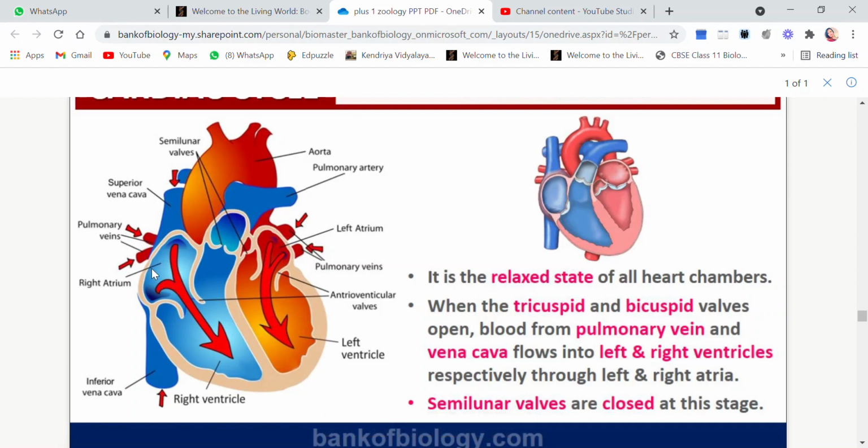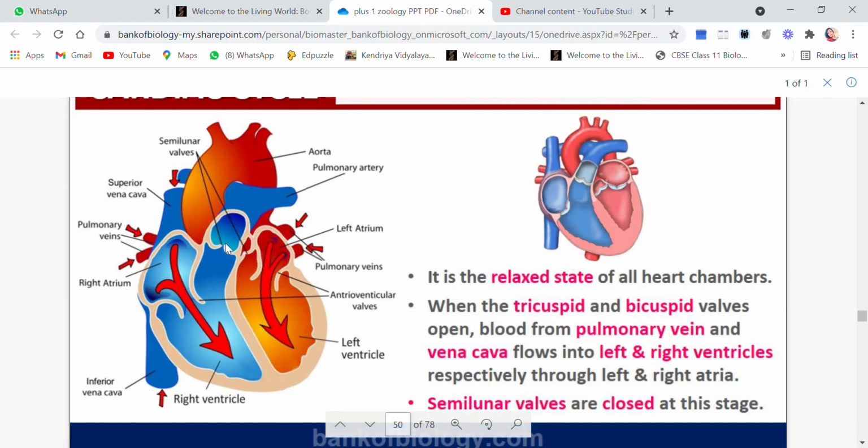And at the same time, the blood from the pulmonary vein, which is being brought from the lungs after oxygenation, is given into the left auricle.